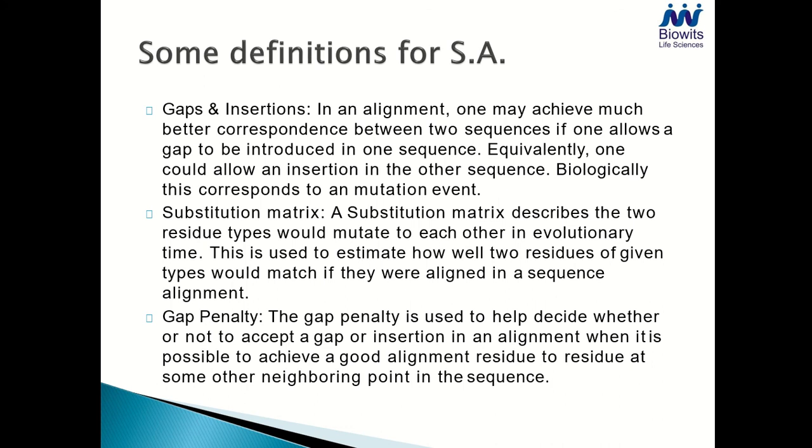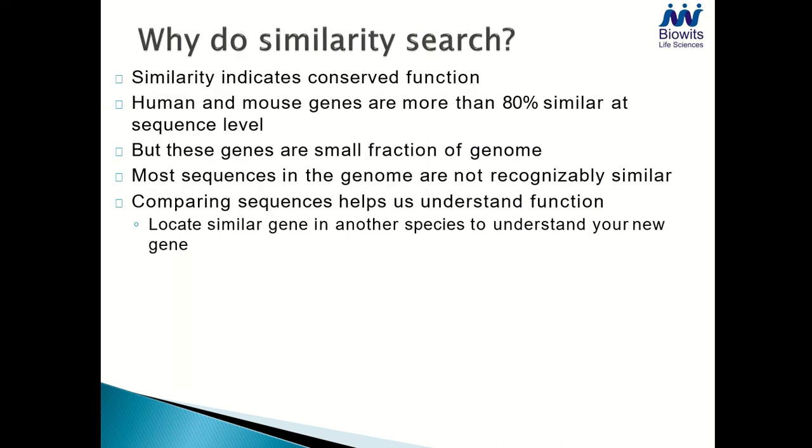So, we also need to understand there is also gap penalty. What is gap penalty? It's used to help decide whether or not to accept a gap or insertion in an alignment when it is possible to achieve a good alignment, residue to residue, at some other neighboring point in the sequence.